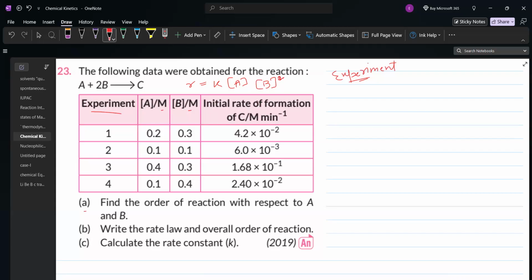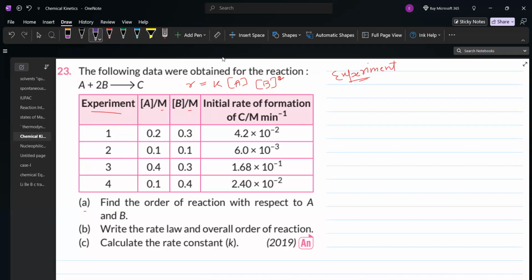Yes, sir. Either molarity or molality, but the popular one in a solution is molarity only. And the initial rate of formation of C is given. So the rate of reaction is given. Got it? This is the rate of formation or rate of reaction.